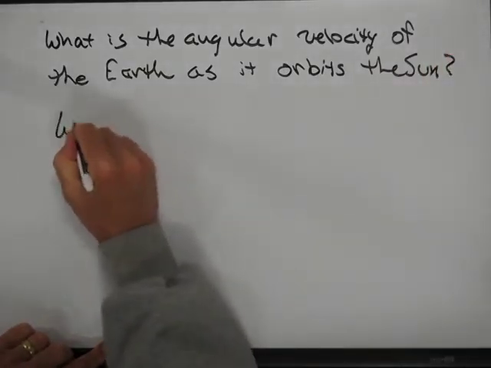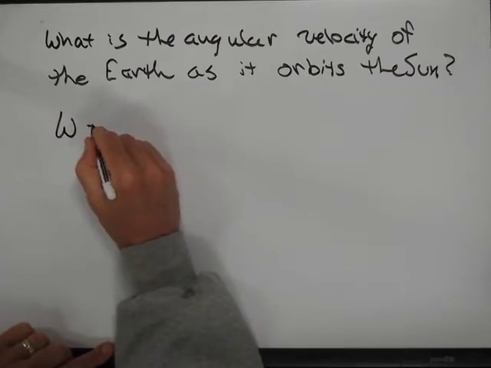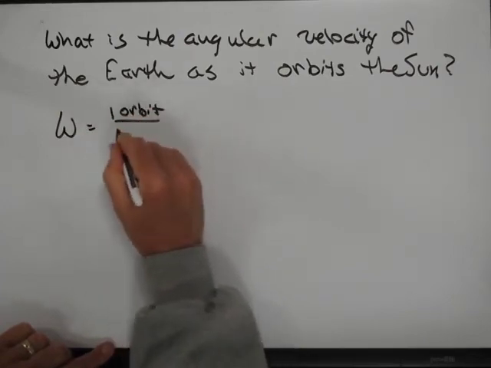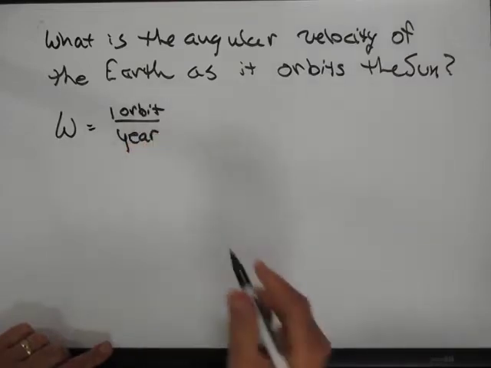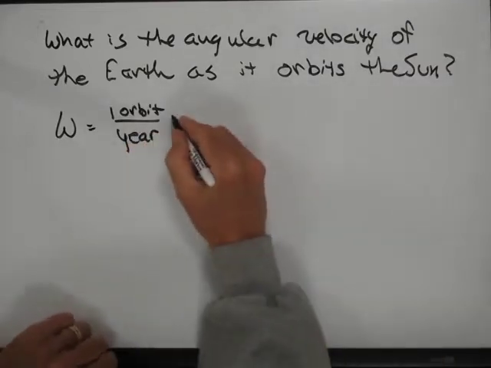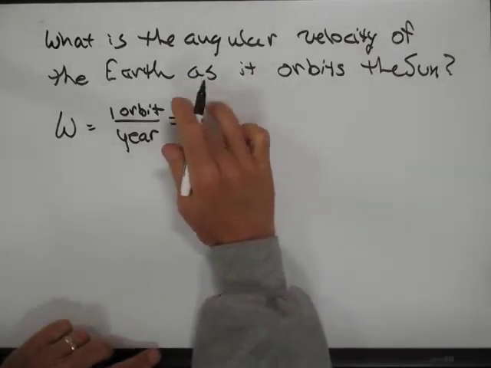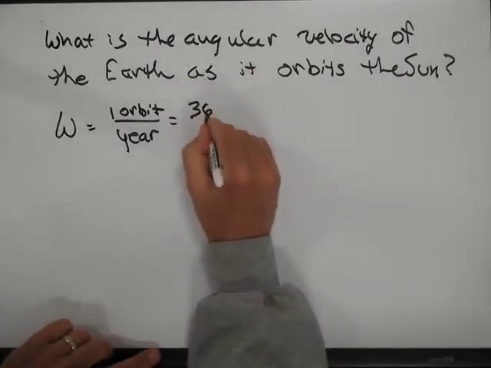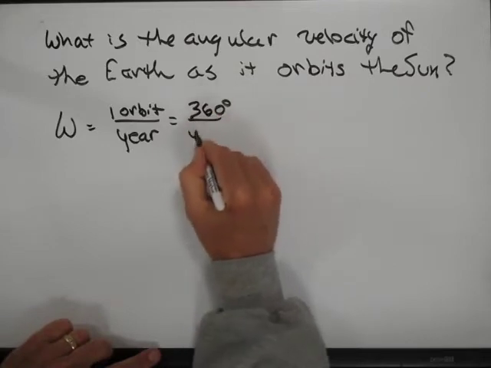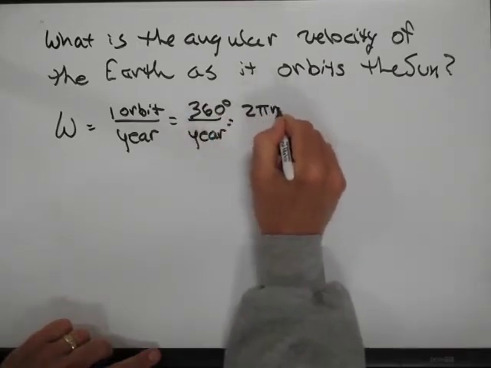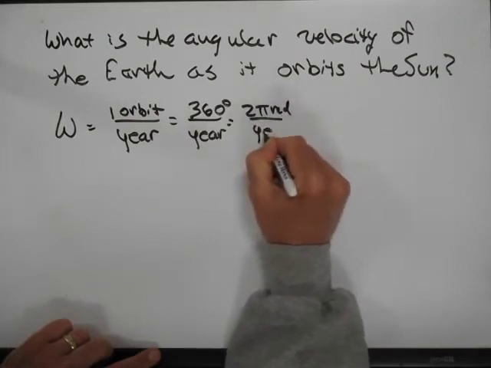And again, we said, well, it would be omega is equal to 1 orbit per year. Hopefully you know that, right? The Earth goes around the sun 1 time in a year. And what is that? That's just 1 circle. So it's 360 degrees per year. We could write it that way. Or again, we could say it's 2 pi radians per year.